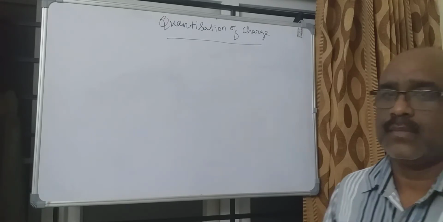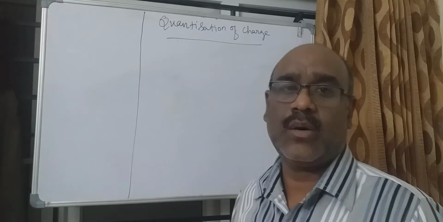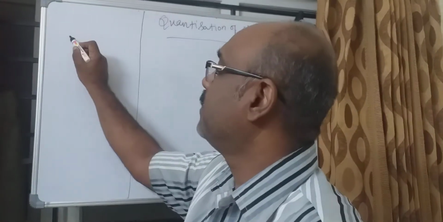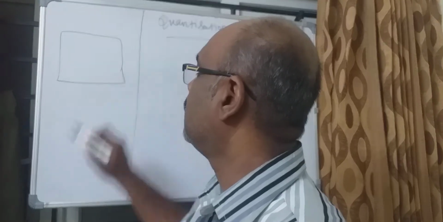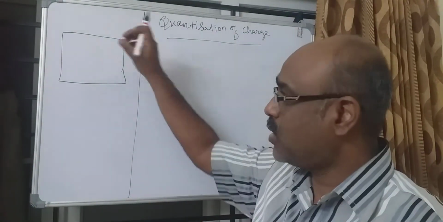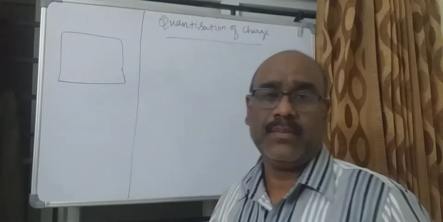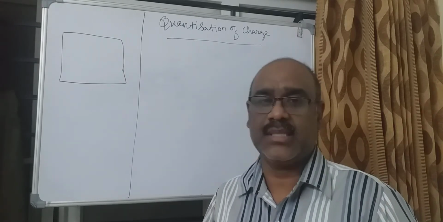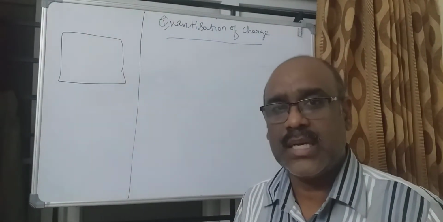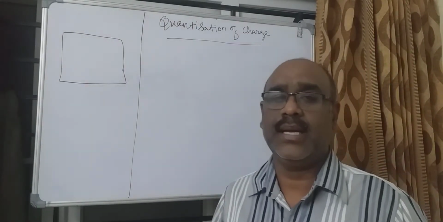So what is quantization of charge? To explain this, let us now take a system where the charges are present. We know that in an atom the positive charge as well as the negative charge will be present, where the positive charge is nothing but the proton and the negative charge is nothing but the electrons.